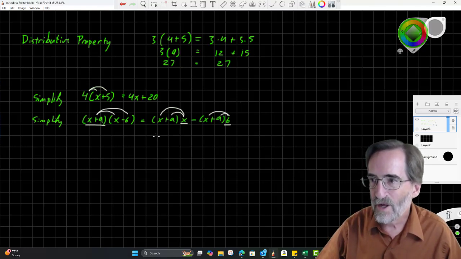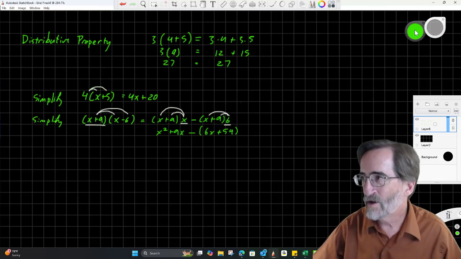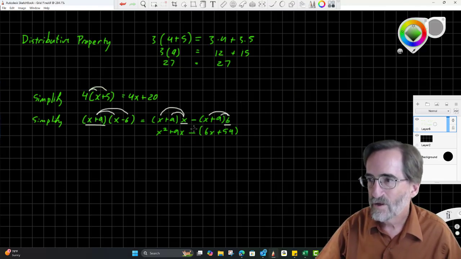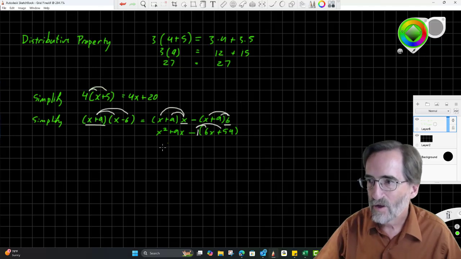So x times x plus 9 is x squared plus 9x, minus, I'm going to put a parenthesis here, 6x plus 54. 6 times 9. And then I'm going to distribute the negative, and we end up with x squared plus 9x minus 6x minus 54.